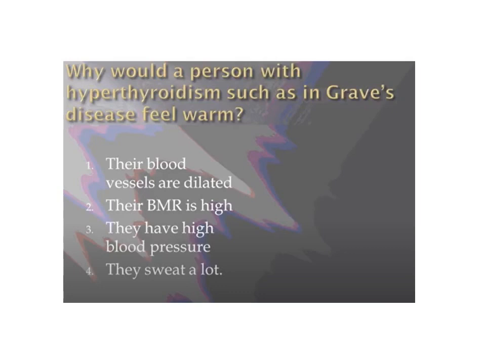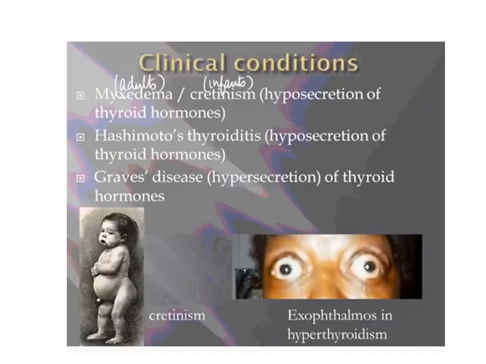No, it is because of the higher BMR that they feel warm. Graves' disease is hypersecretion of the thyroid hormones, which also happens in toxic goiter. Hypersecretion leads to exophthalmos, which is irreversible.